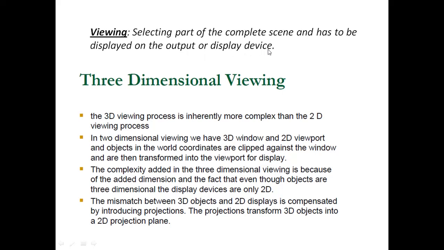It is a simple concept where we select a smaller portion of the picture and display that smaller portion from the whole picture on the display or output device. This is called the viewing process.